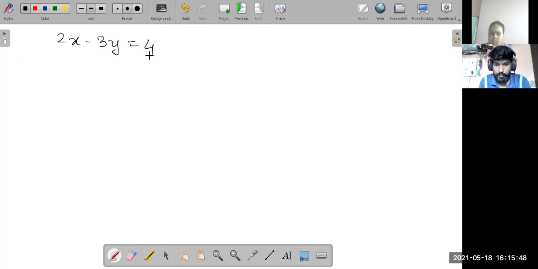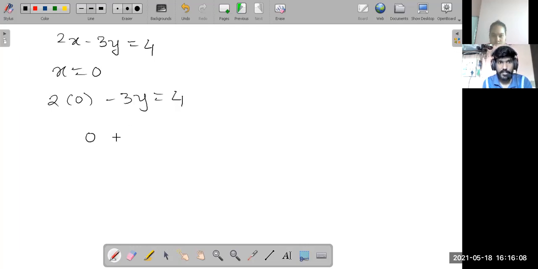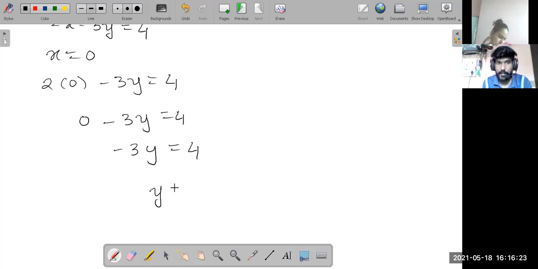Yeah, it's correct. Okay, so when you substitute x as 0, you get 2 into 0 minus 3y is equal to 4. And 2 into 0 is 0. 0 minus 3y is equal to 4. So when 0 goes on the other side, you get minus 3y is equal to 4. Okay. So what will y be equal to?